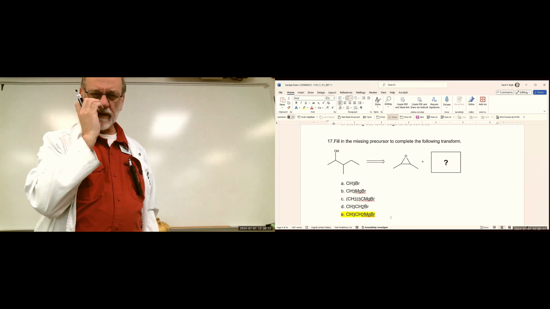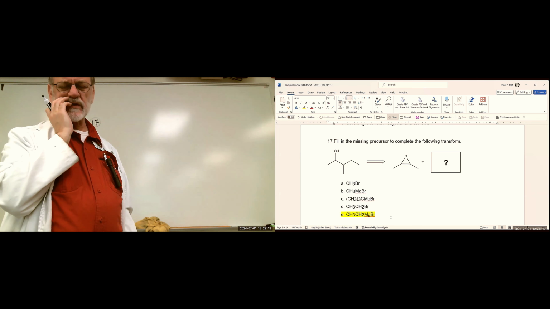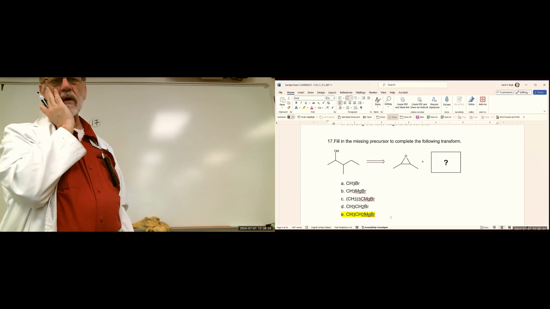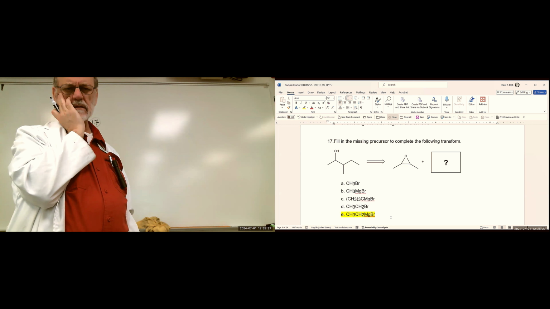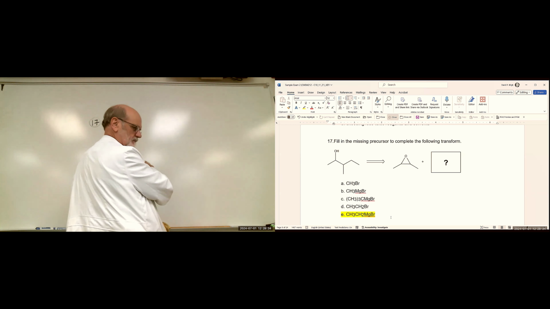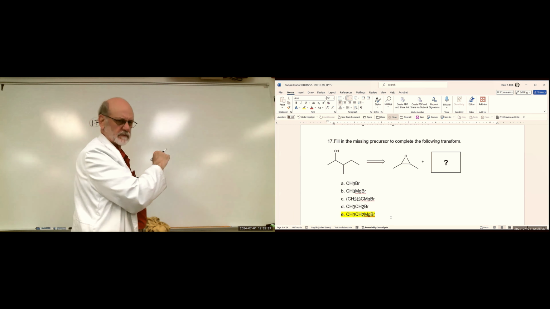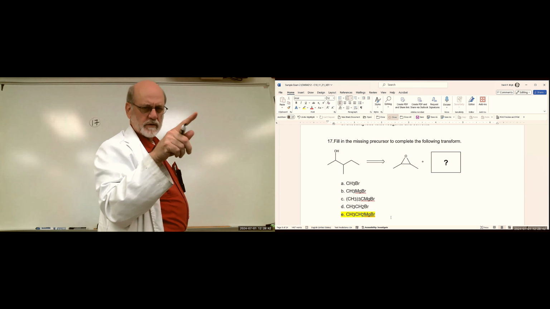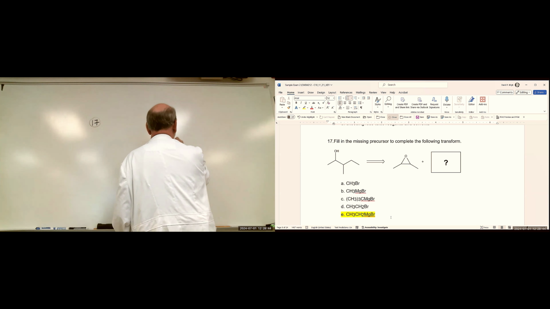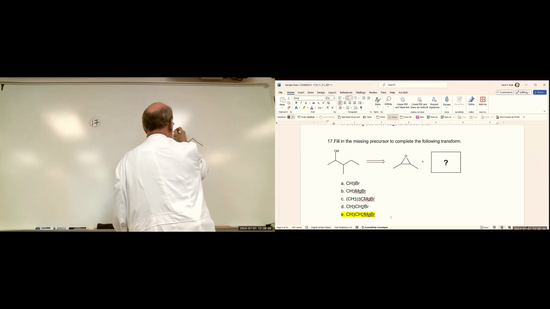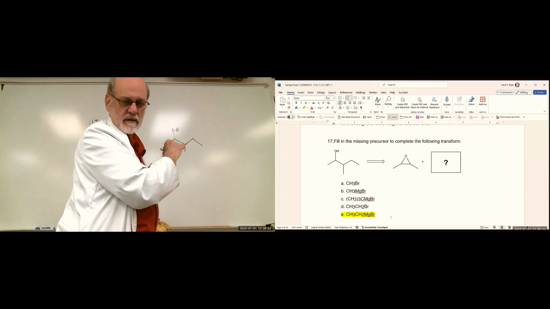17. Okay, fill in the missing precursor to complete the following. So this one, we're going backwards. All right, so the product we want to produce is 1, 2, 3, 4, 5, with the methyl group here and hydroxyl there.